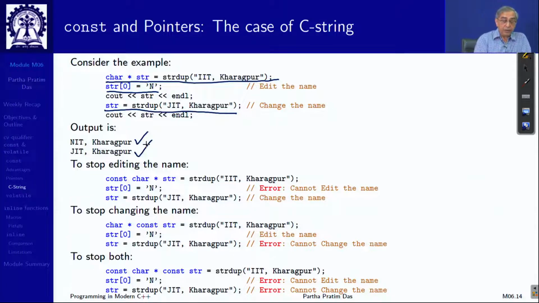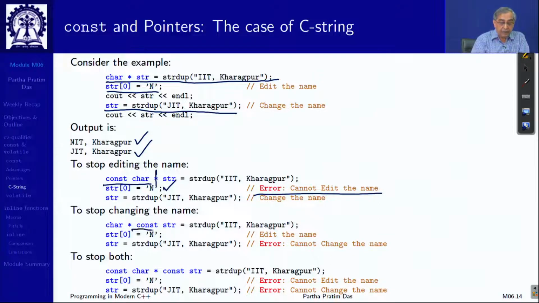Now, if I put a const here, that is, if I make the elements constant, the star is here, so the pointee elements are constant. If I make those constant, then naturally I cannot change them, I cannot edit. This becomes a compilation error.